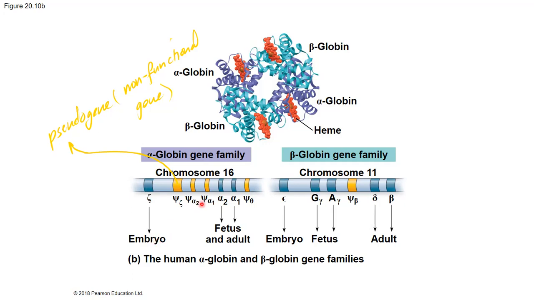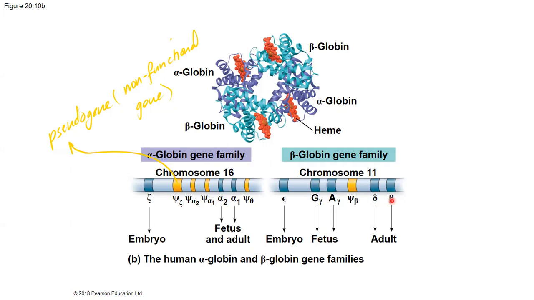The beta globin gene family is found in chromosome 11, and it contains, for example, the epsilon gene, which encodes a polypeptide that is part of the embryo hemoglobin. We also have 2 gamma genes that are found in the fetal hemoglobin.